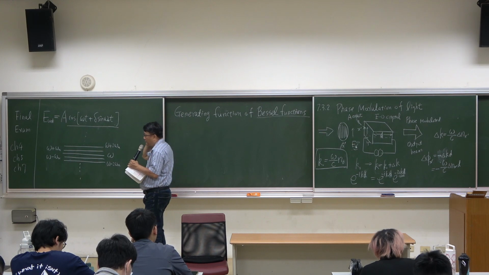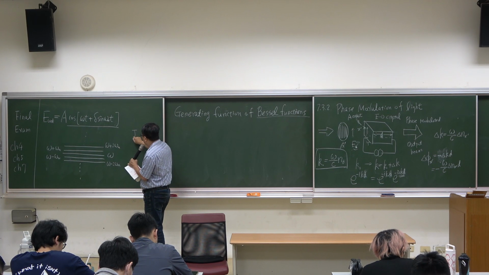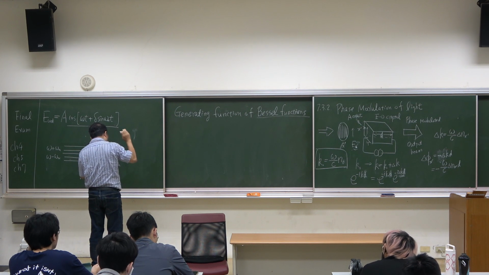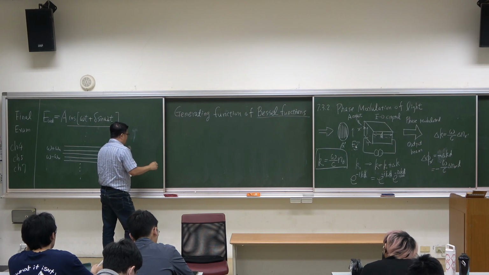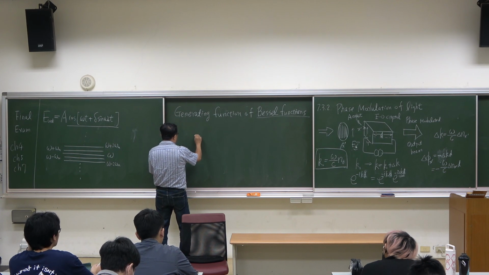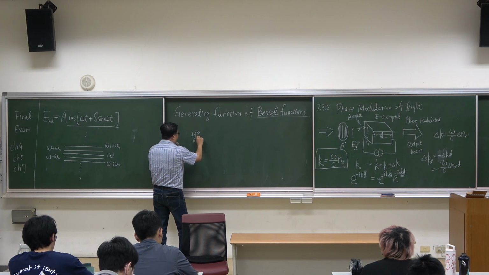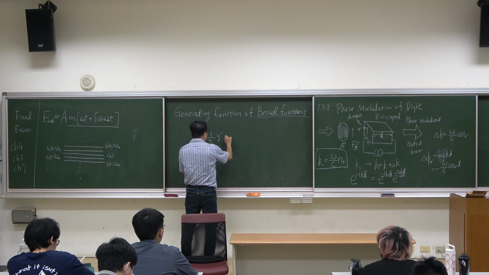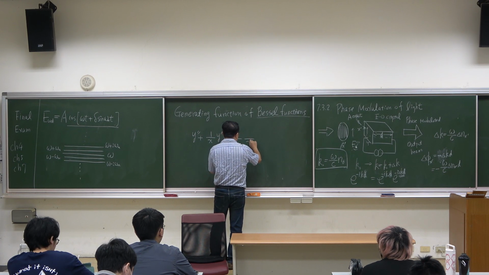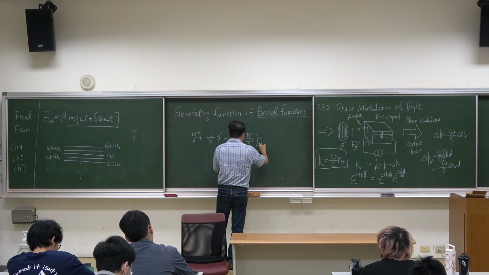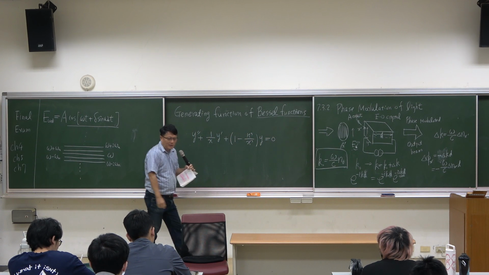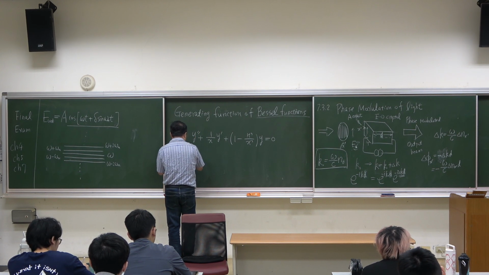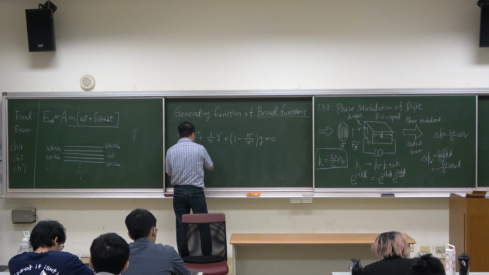The solution of the Bessel equation, denoted for the integer parameter n, say y double prime plus 1 over x y prime plus y minus n squared over x squared y is equal to 0, then the solution, the so-called Bessel function, contains two possibilities.